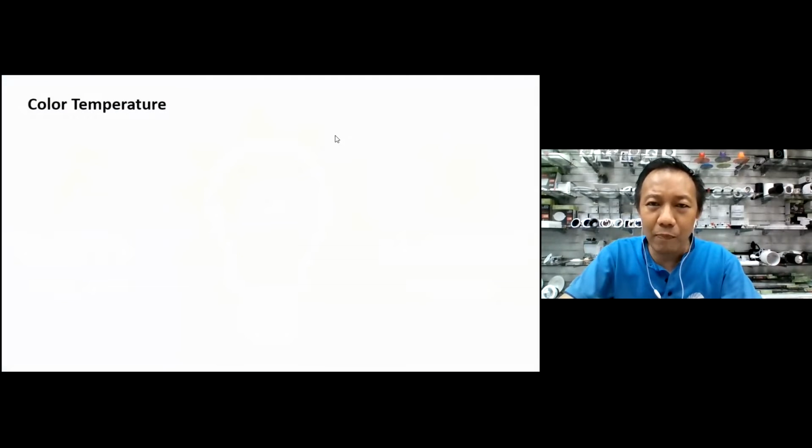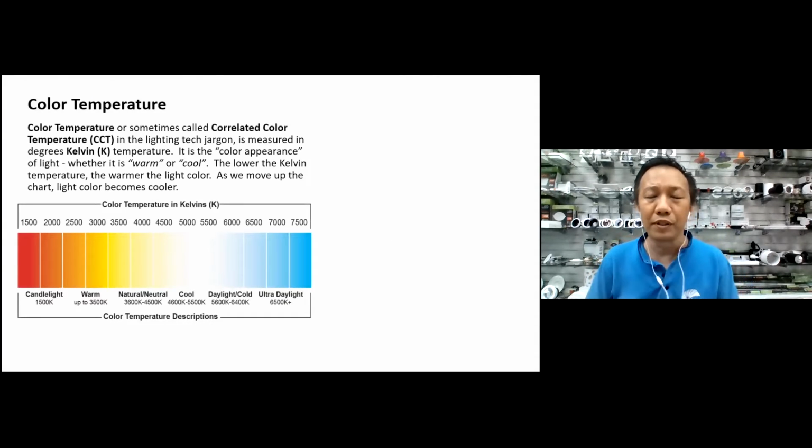Okay. Ano pa yung terms na ma-encounter ninyo? Color temperature, or sometimes called correlated color temperature, CCT in the lighting tech jargon, is measured in degrees Kelvin temperature.